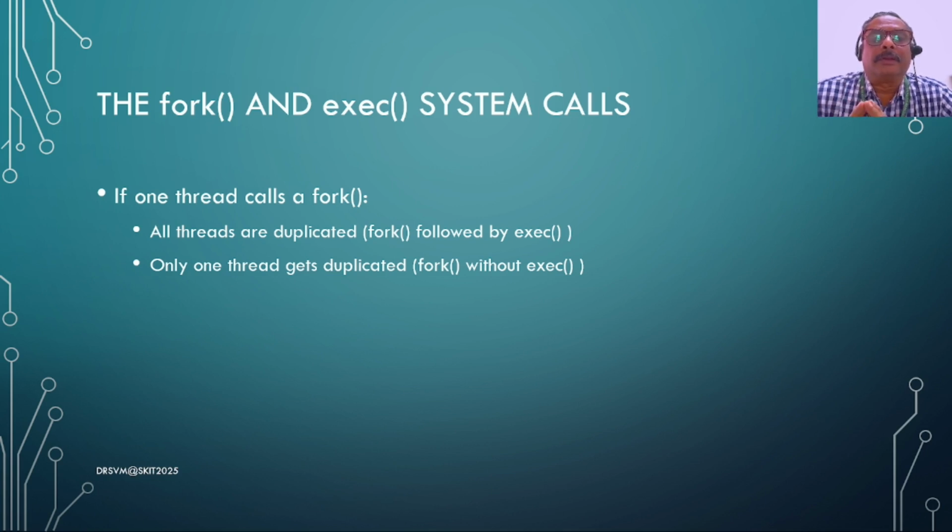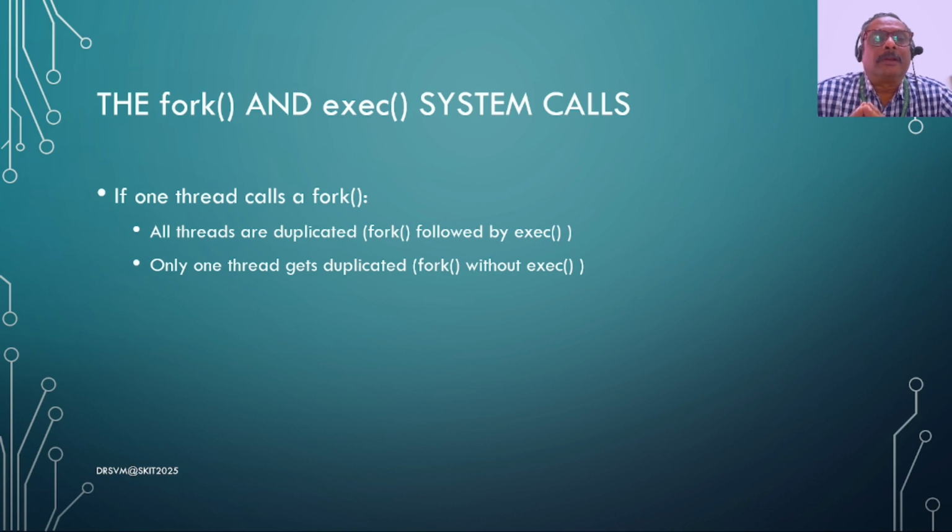It will not allow the child to continue executing the parent code. It will have its own new code. But if there is a fork and no exec follows, then only one thread continues to work.